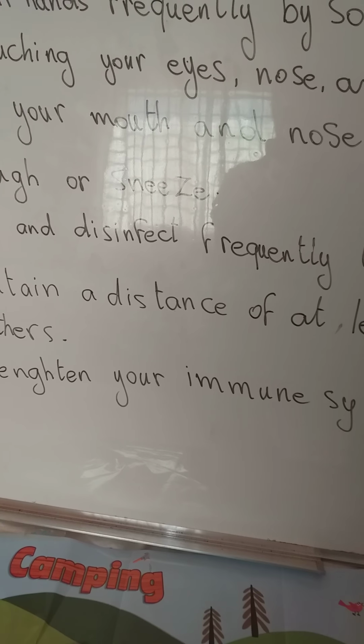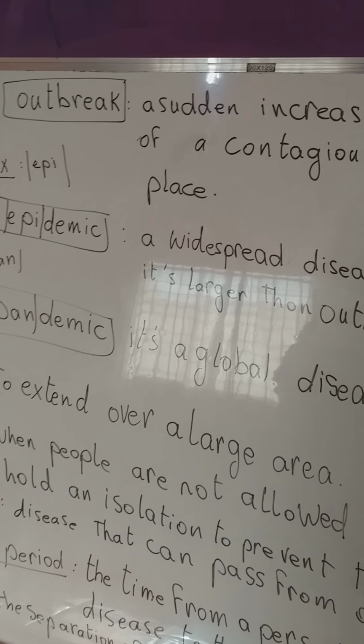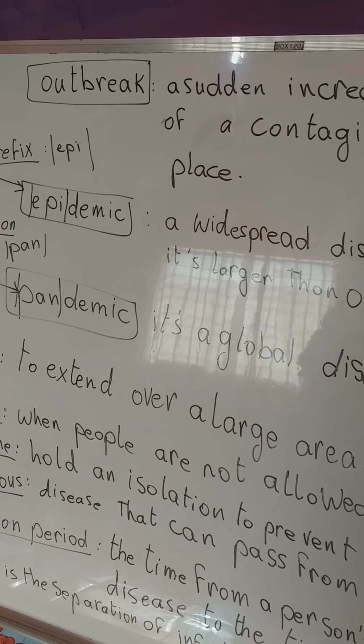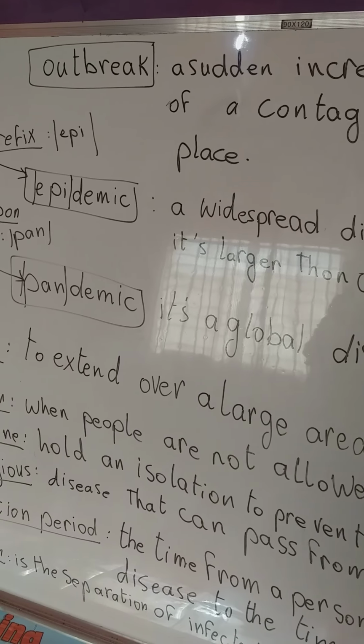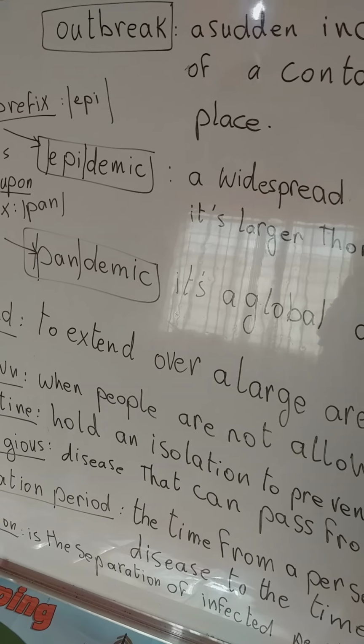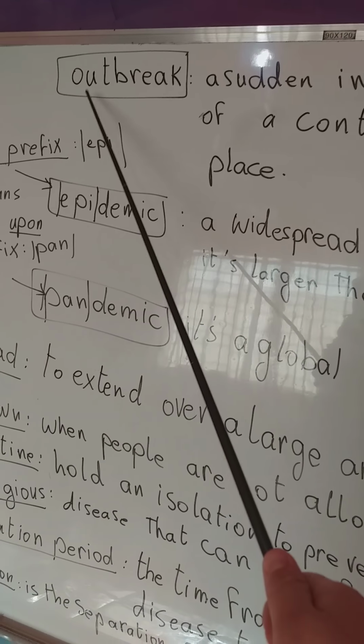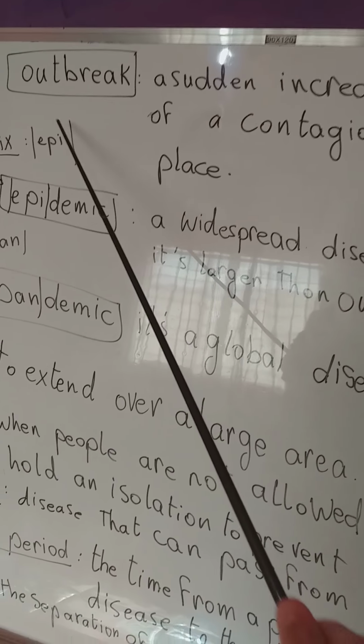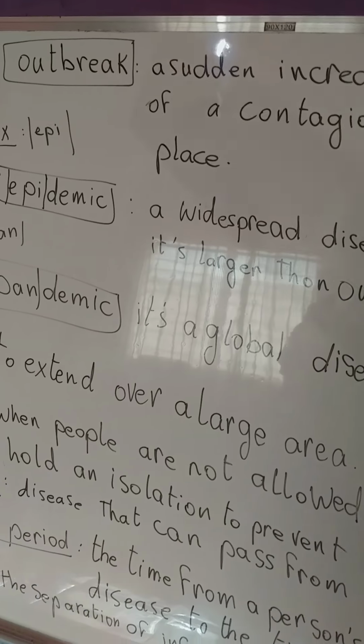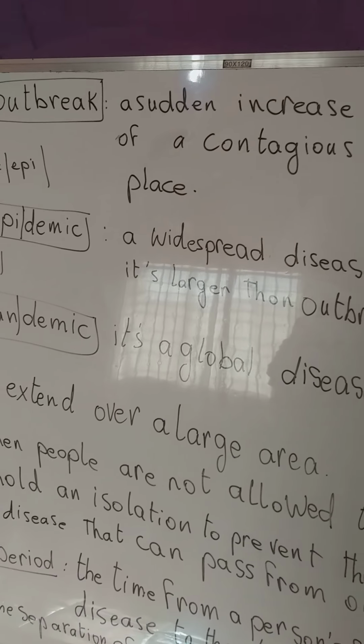I hope so. Here, I want to help you understand what you're reading, hearing, and watching, whether on social media or in the news. Okay, so let's get started. Here we have the word outbreak. Do you understand what we mean by outbreak? I'm sure that you have heard this word before.